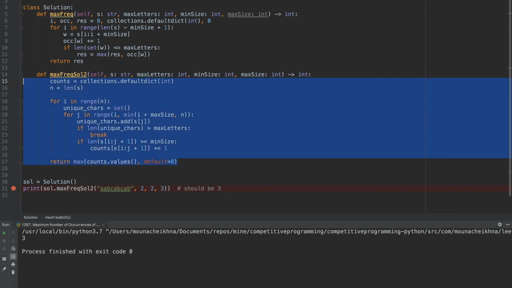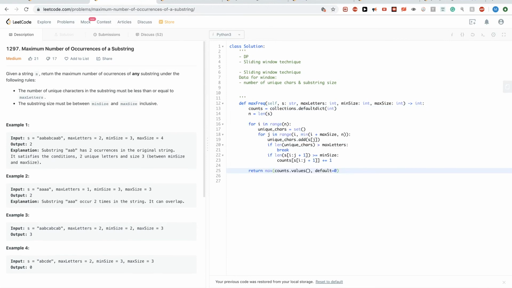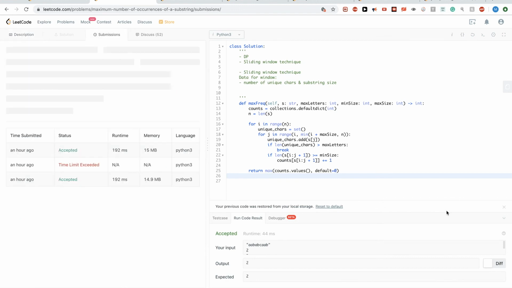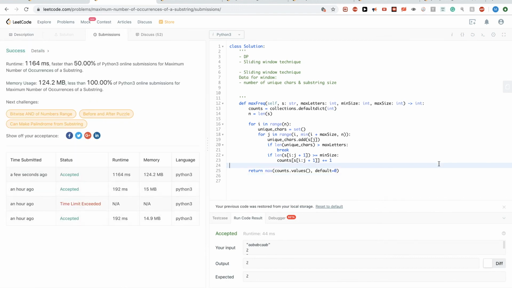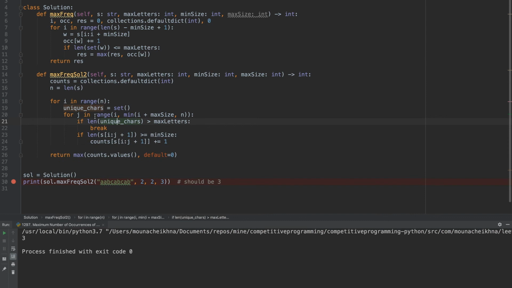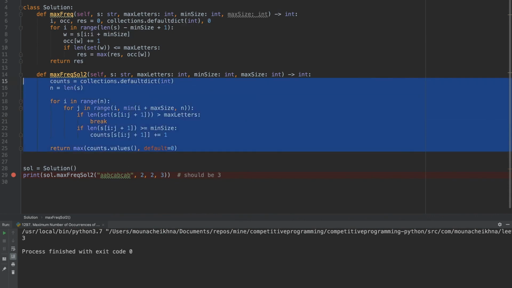Yeah, this one should work, I think, and it looks good. Yeah, and you could argue that you don't need to do this, right? You don't need this set. You can just do set here, right? And that would be pretty good too. So that would be something like this.